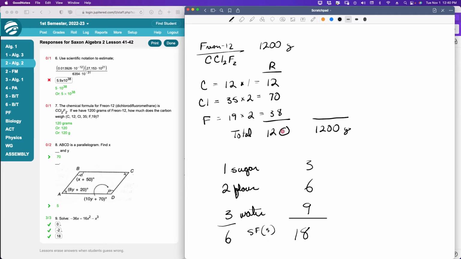Well, here, if we look, we know that the total here is 10 times the total here. And we need to know how much carbon is in it. So we could easily do this and figure out that we have 120 grams of carbon. Really easy.